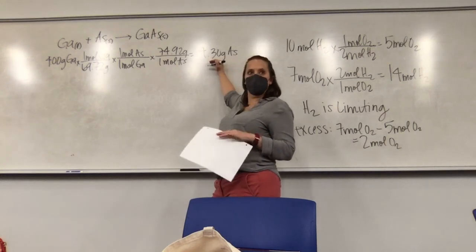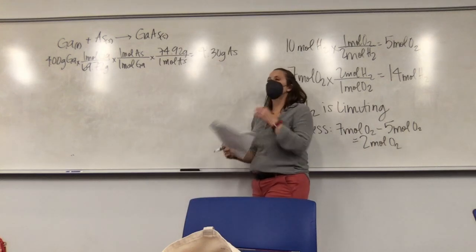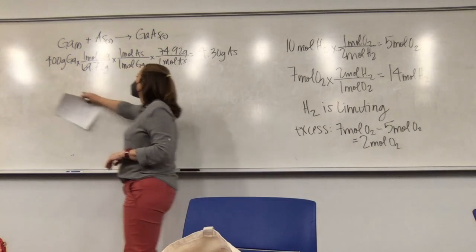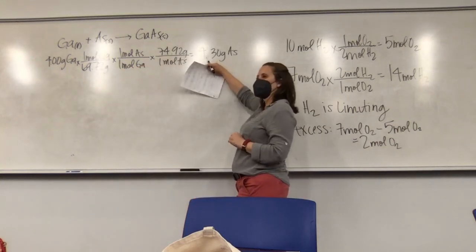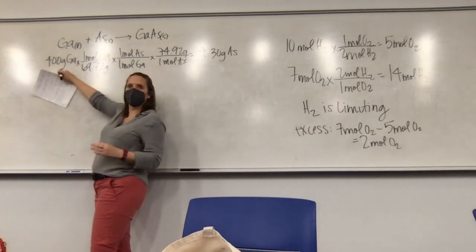We could stop here, because we know the way this works is that if you have this much and you need this much, and this is less than what you have, this has to be your limiting reactant.